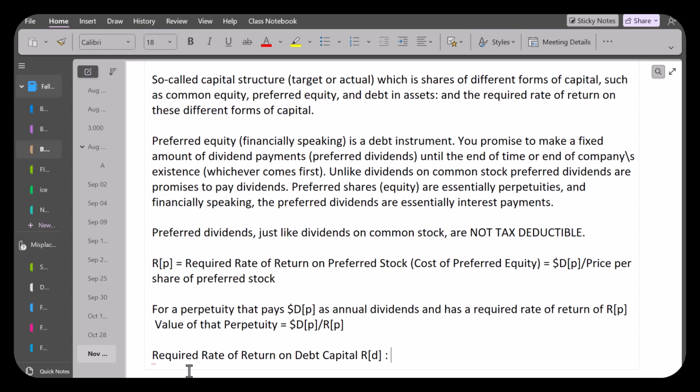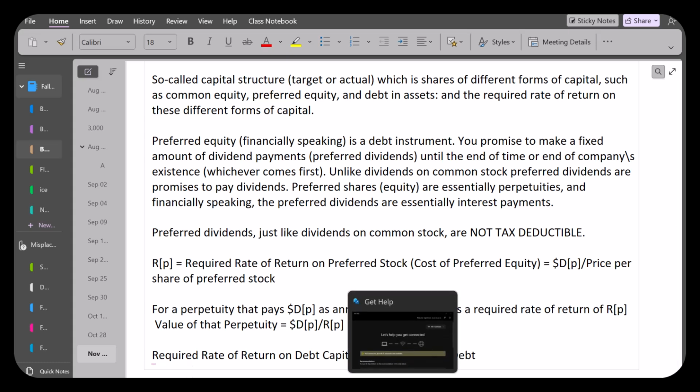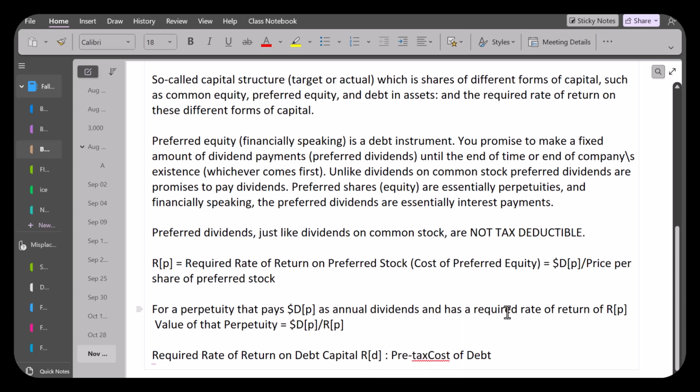Technically speaking, I'm going to call this pre-tax cost of debt, because I have not yet incorporated the tax effects. What we want to do, we're going to eventually use the after-tax cost of debt. That's because that's the actual cost of the company.